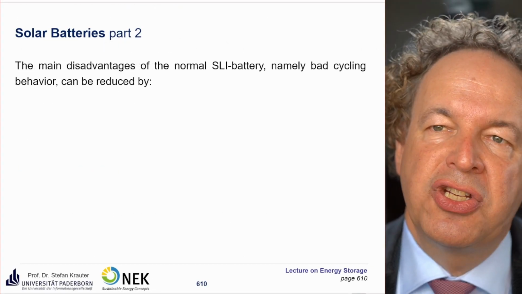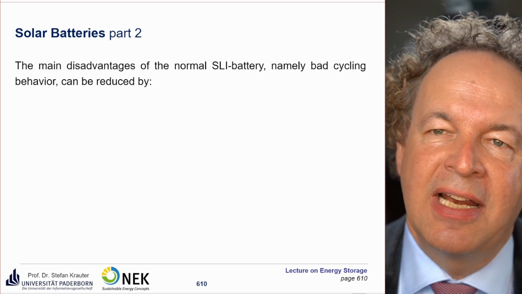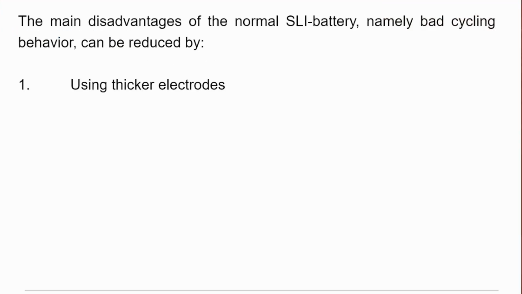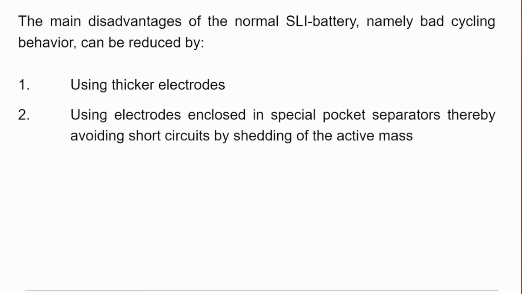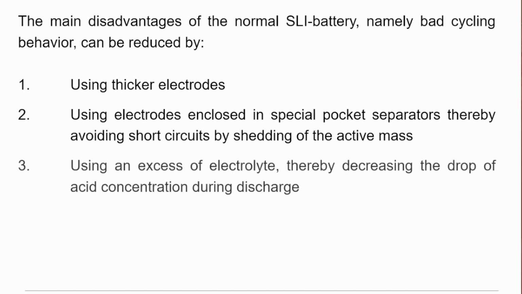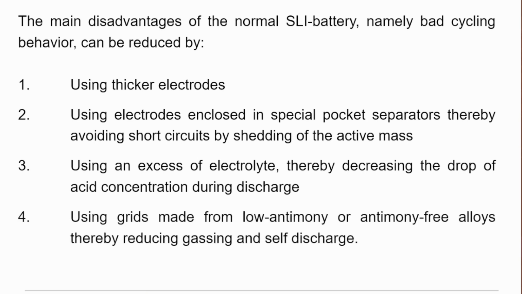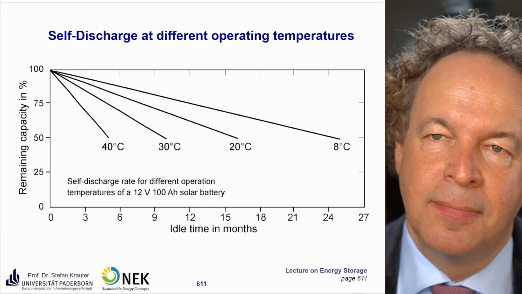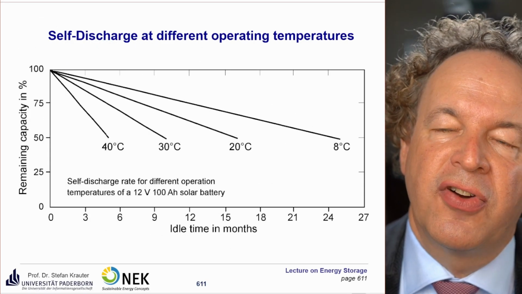The main disadvantage of the normal SLI battery, namely bad cycling behavior, can be reduced by using thicker electrodes, using electrodes enclosed in special pocket separators, thereby avoiding short circuits by shedding of active mass, using an excess of electrolyte, thereby decreasing the drop of acid concentration during discharge, using grids made of low antimony and antimony-free alloys, thereby reducing gassing and self-discharge.